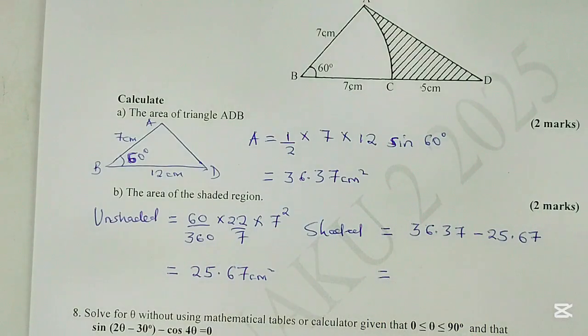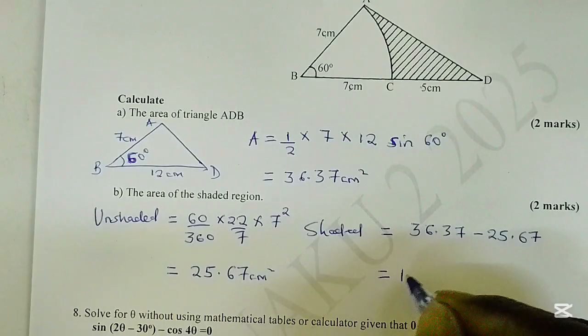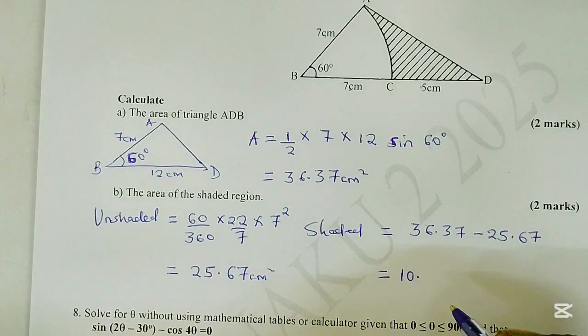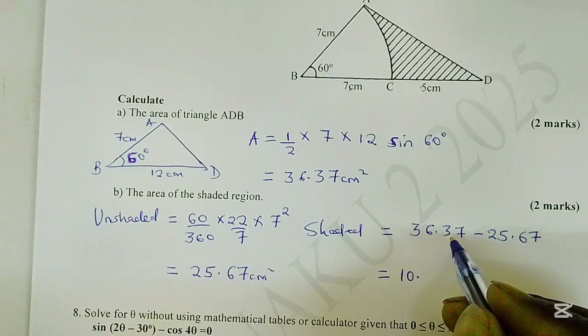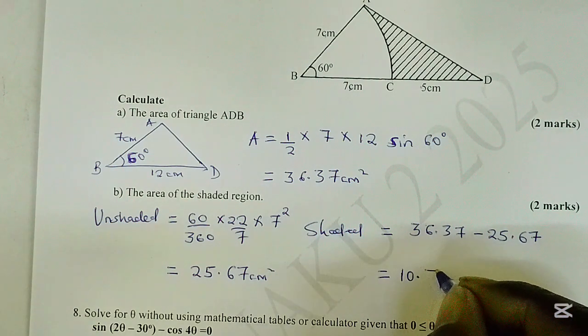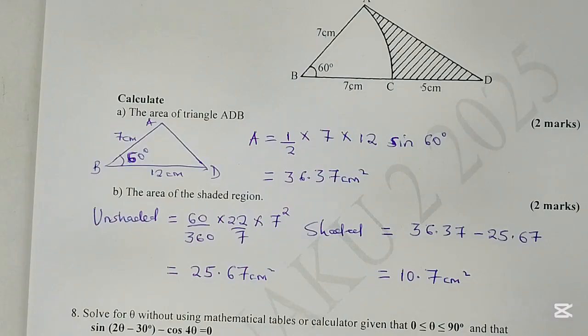So when you subtract this one, you get the answer is 10.7 square centimeters. That is the area of the shaded region of this particular question.